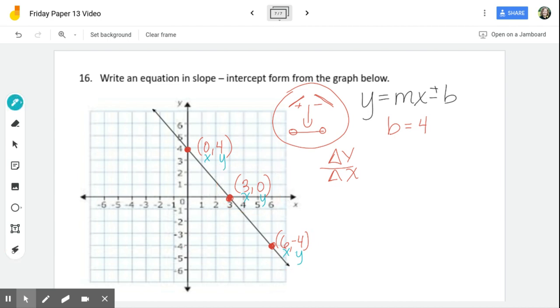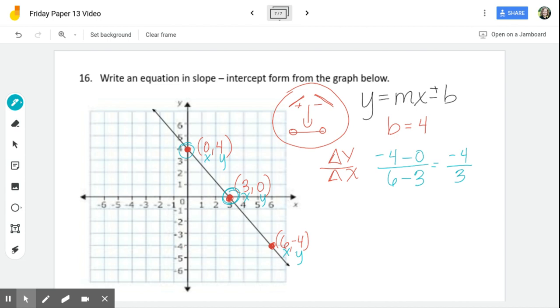For this, I'm going to take my y, -4, minus 0, put that over 6 minus 3. Okay, what do we have? -4 minus 0 is -4. 6 minus 3 is 3. I have -4/3.